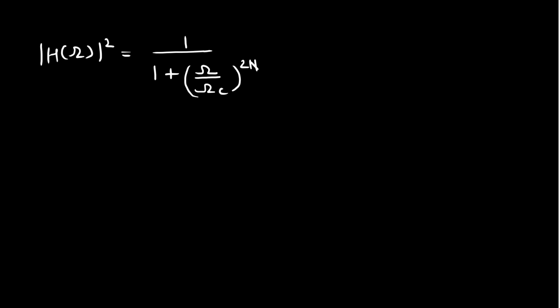Now this |H(omega)|^2 can be written as H(omega) into H*(omega).